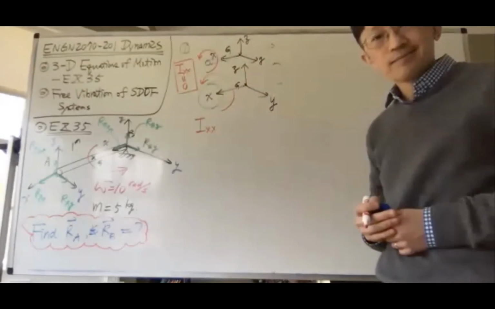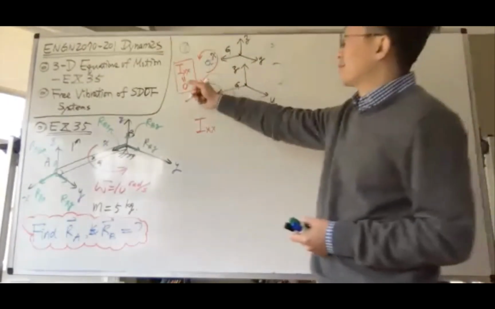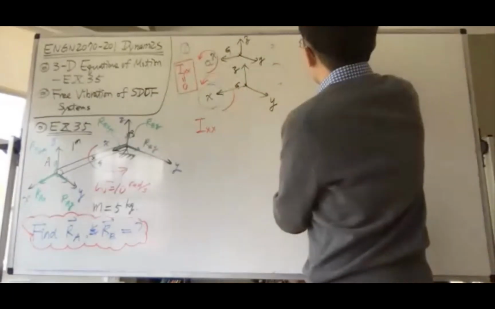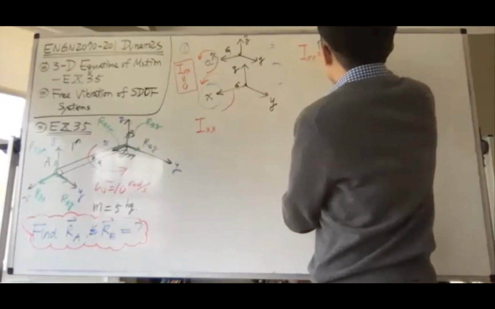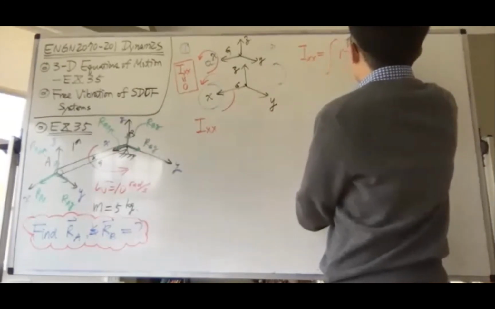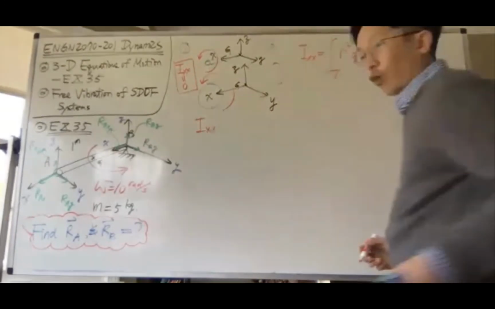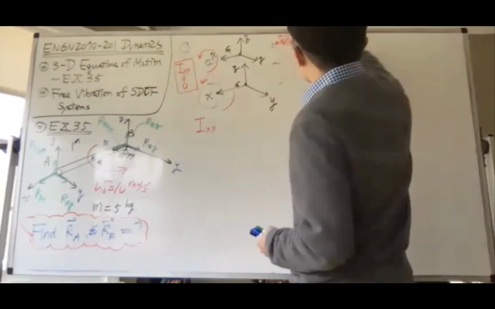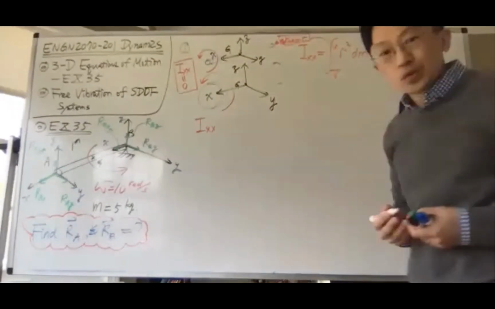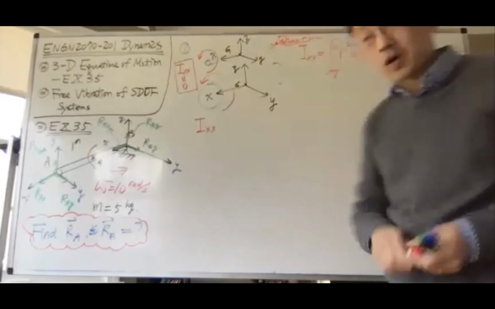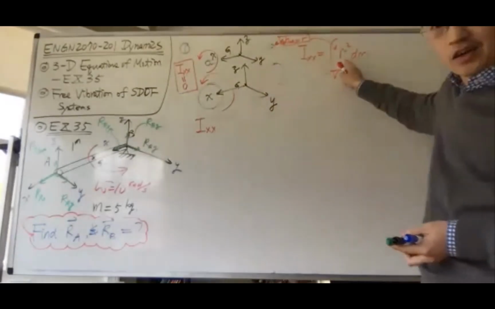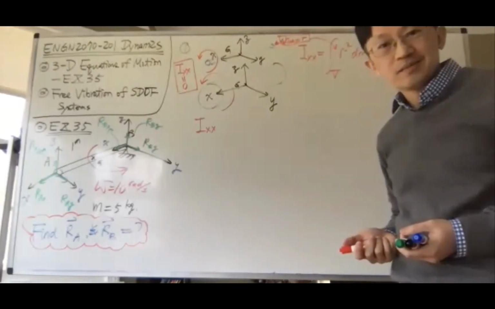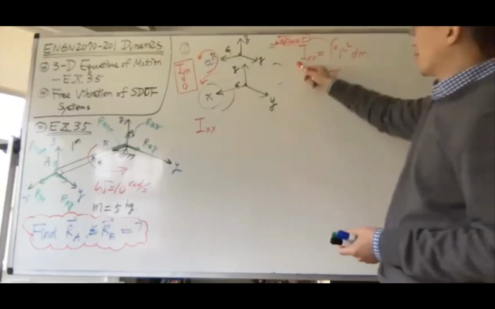We never considered it because we said the dimension is so small. Why is the dimension so small? It's because Ixx equals the integral of r squared dm over the entire volume. What is r squared? R squared is actually the radius in here, which means that when the radius is very small, what happens to the r squared? It becomes even smaller. Hence, we ignore Ixx.